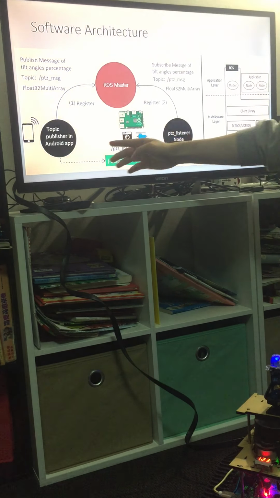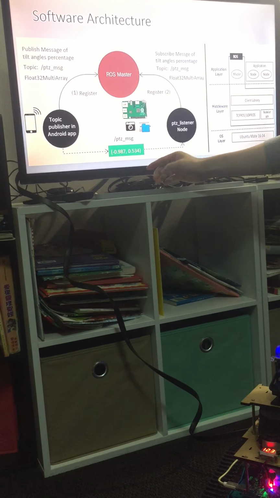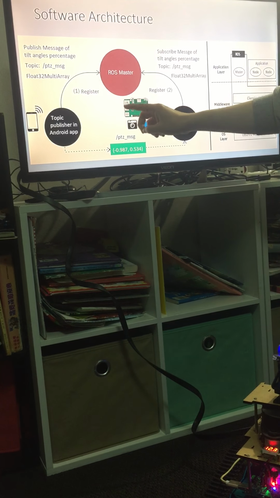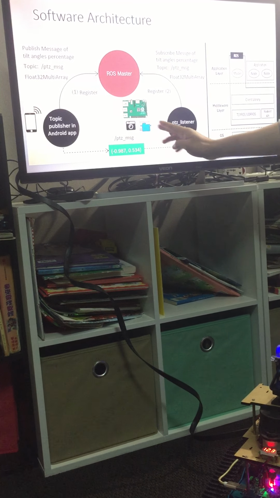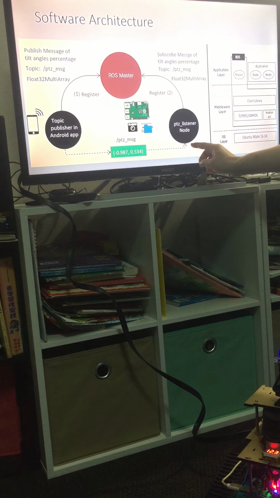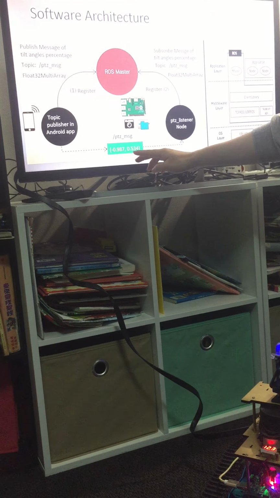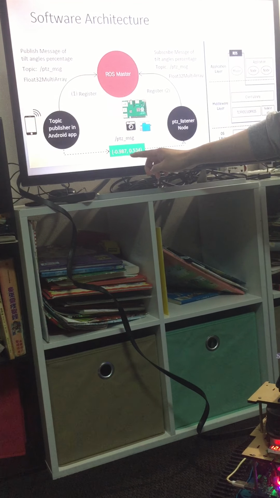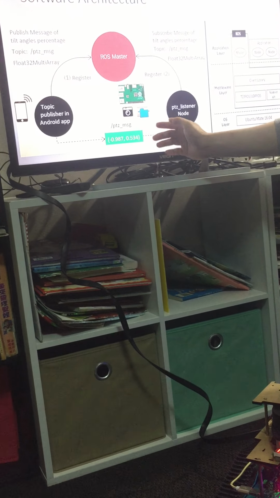For my pan-tilt camera part, I use the Float32MultiArray as the message that controls the camera. It's two numbers that indicate the percentage of the deflection of the camera.